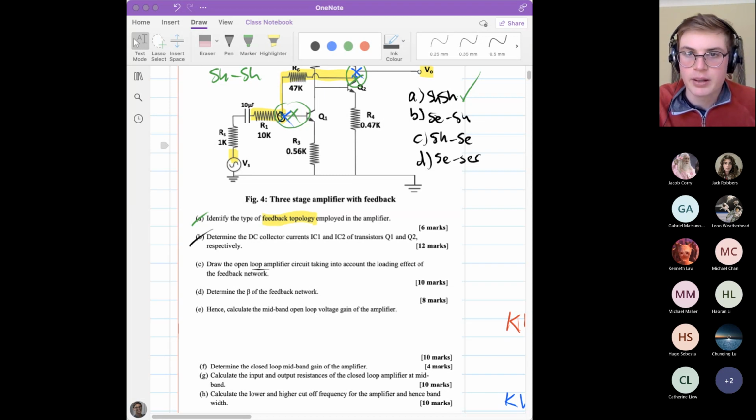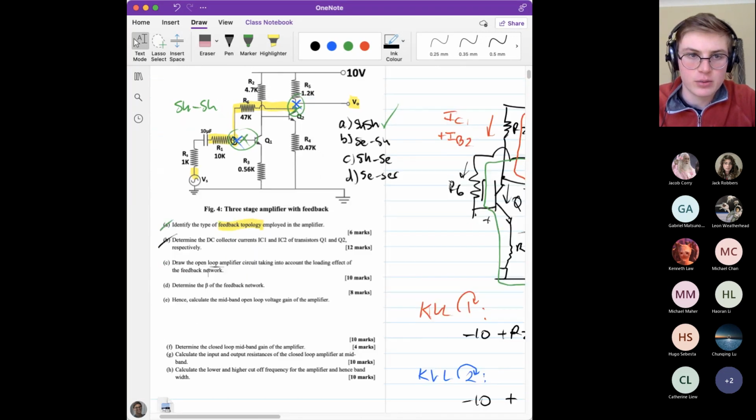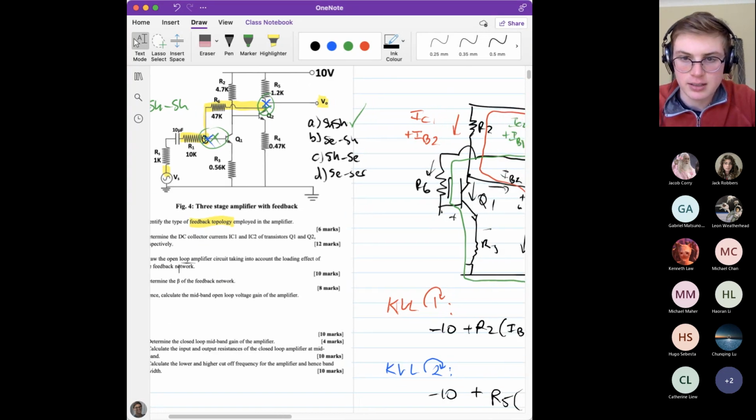So we're going to get rid of our R6. Let's remove our R6 and we're going to take it to the input and the output.